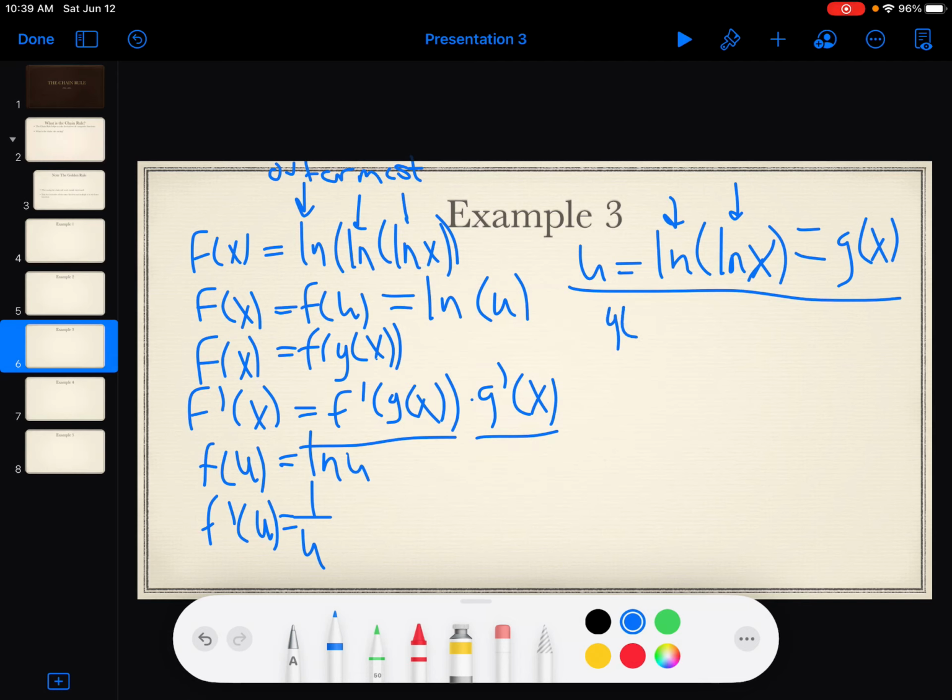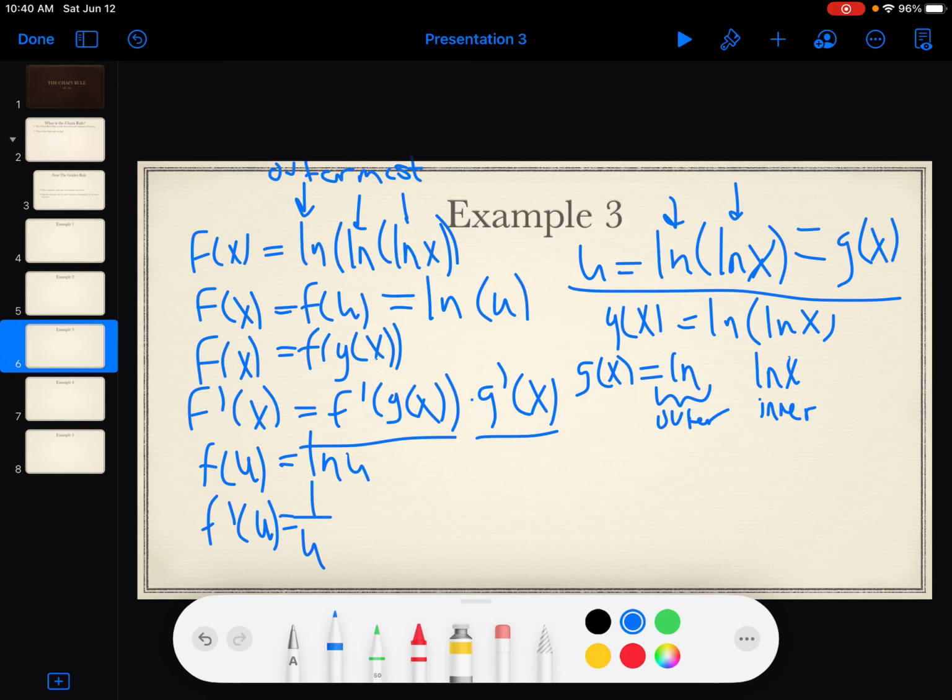So we have g of x is equal to ln of ln x. Let's split this up. g of x equals ln, so that's our outer, and I've got ln x. That's our inner.